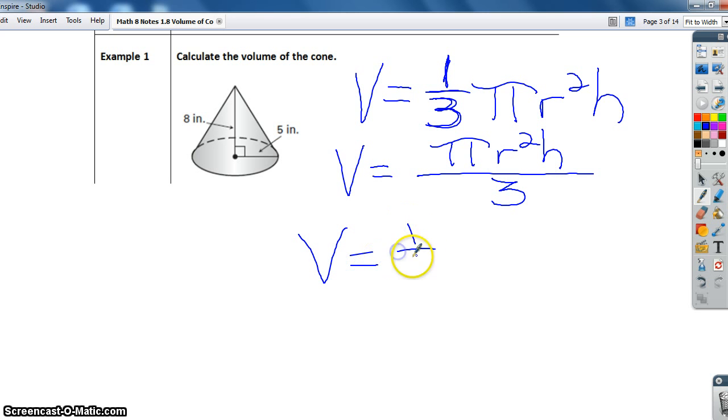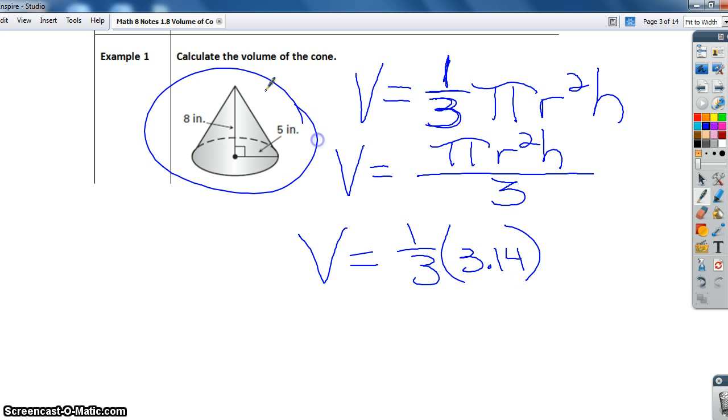Well, we'll write it as the 1/3 times pi, which is 3.14, times what is my radius on this cone? The radius is 5. So times 5 squared, which means 5 times 5. And times the height, which is what? 8. Nice. It is 8.